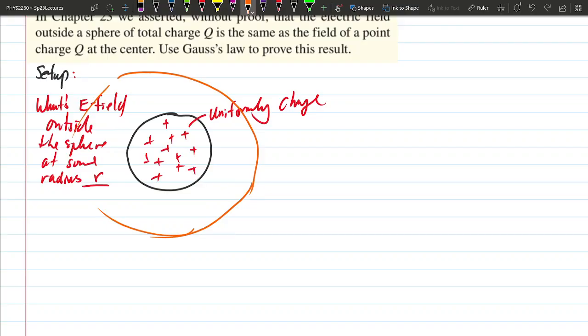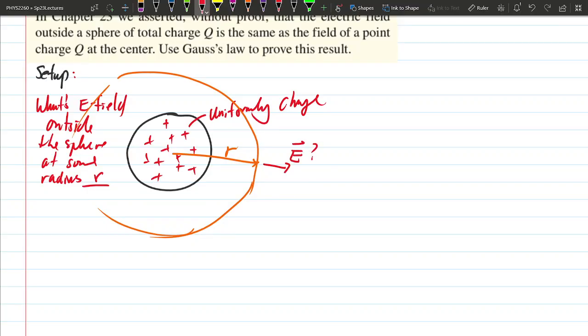I'm going to make this sphere have a radius r because we are interested in the electric field at some radius r away from the center of that charge. I need that to be orange. I can't change color for some reason. There you go. This is what we're interested in calculating.